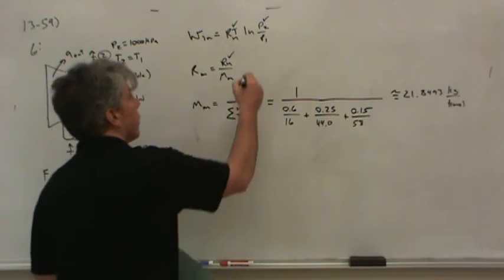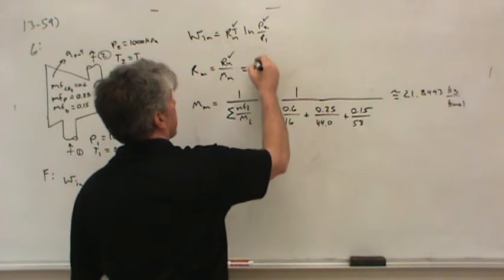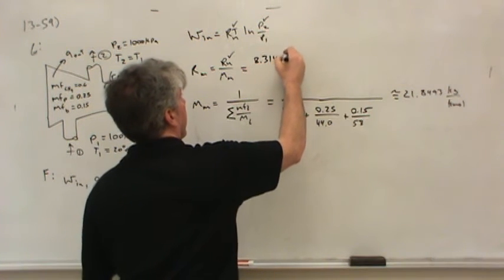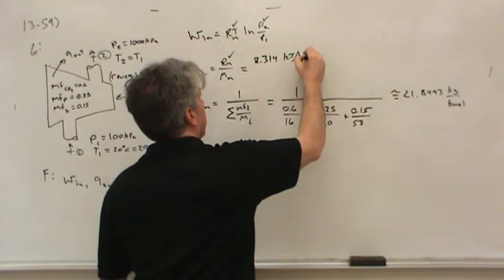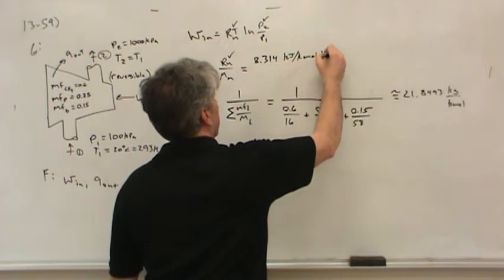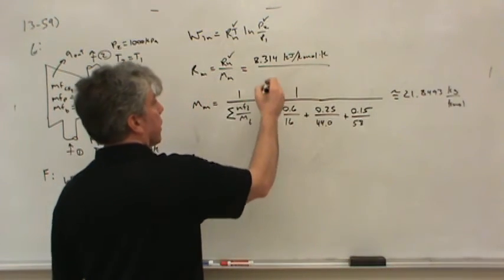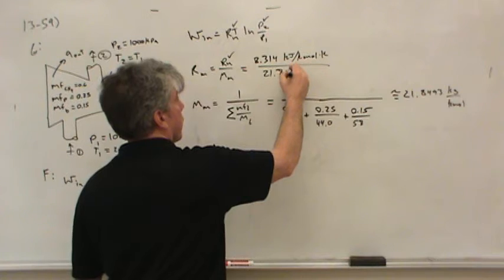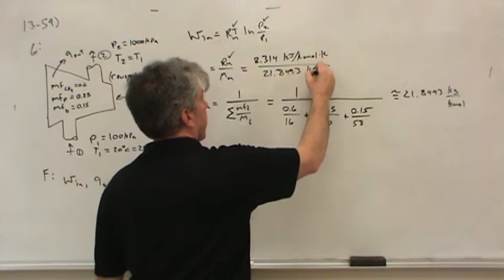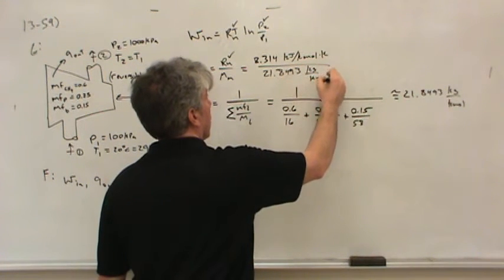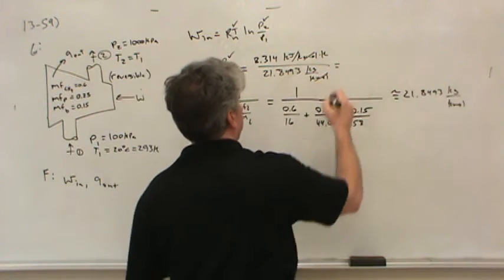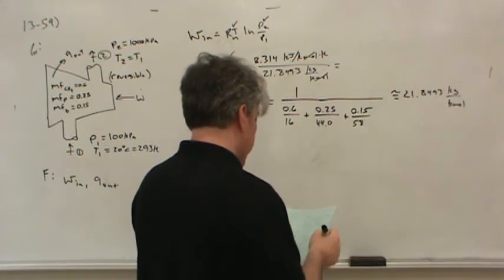So now that we've got that, we can calculate the gas constant, 8.314 kilojoules per kilomole per Kelvin, divided by the molecular mass of the mixture, 21.8493 kilogram per kilomole. Kilomoles go away, and we'll be left with the gas constant.